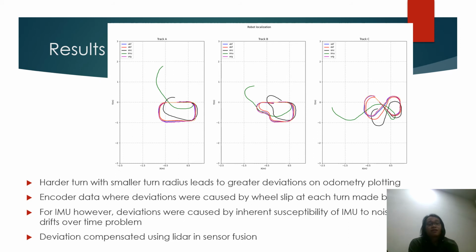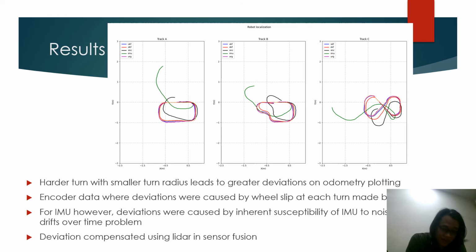For encoder data, the deviations were caused by wheel slip at each turn made by the AGV. As you can see on track A, the black line indicating encoder data is bad, but not that bad, in terms of deviation when compared to track C. Track C is the worst because track C has the most challenging turns for the AGV.